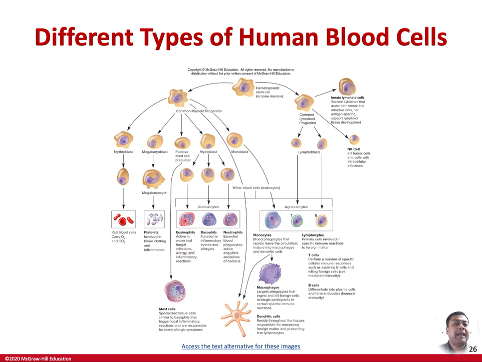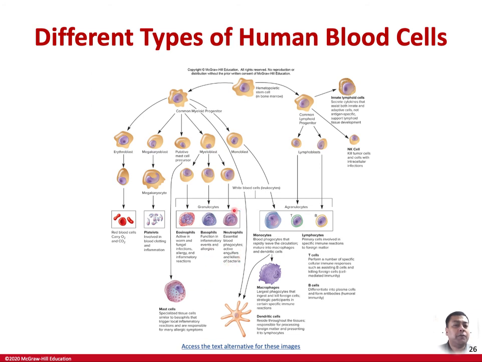Eosinophils are active against fungal as well as helminth or worm infections, and they also mediate the inflammatory pathway. The next one is the basophil, which is also active in the inflammatory pathway, and its function is sometimes similar to mast cells, which can lead to allergic reactions as well.